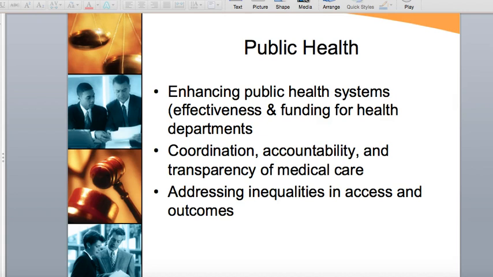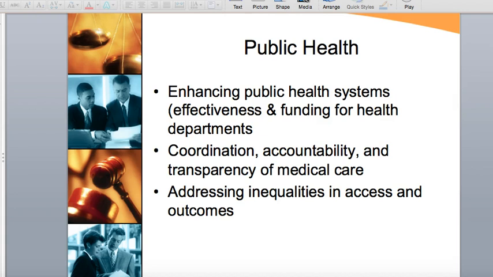We also know that there are some additional areas of improvement for the public health system. We know that we can enhance public health systems by making sure they're more effective through improving funding. This is specifically important when we're talking about public health systems such as health centers, federally funded health centers, nursing homes, when we're looking at VA hospitals and so forth.